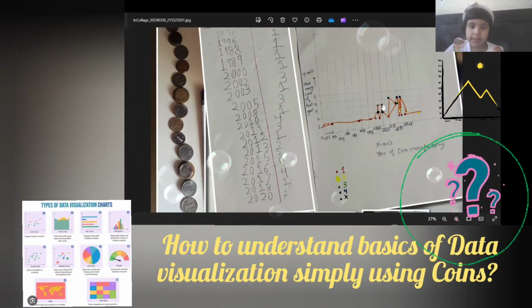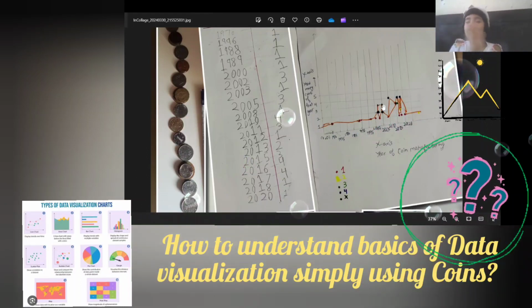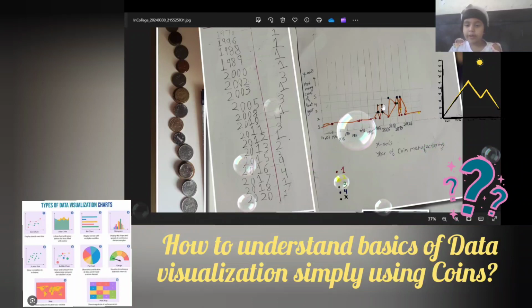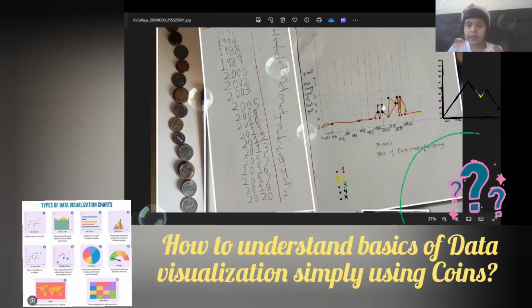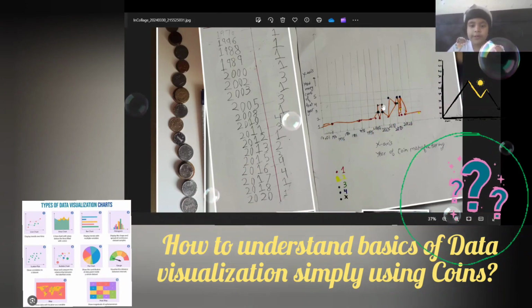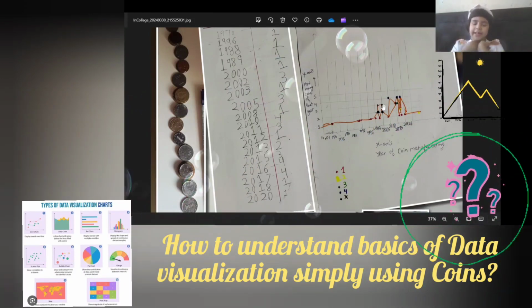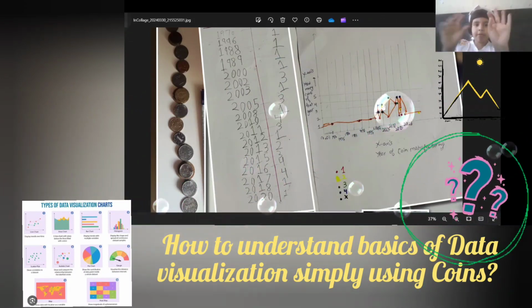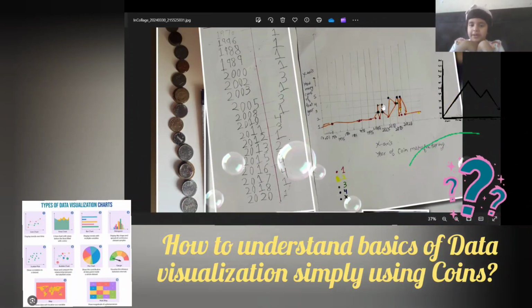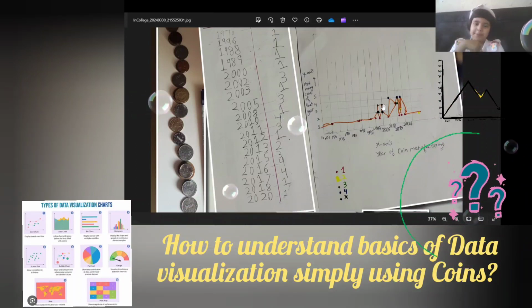So as you can see, there are no coins in the 5, and all the coins come in the range of 1 to 4. See which one is easier to read, this number visualization or the chart I made. The chart I made, right?